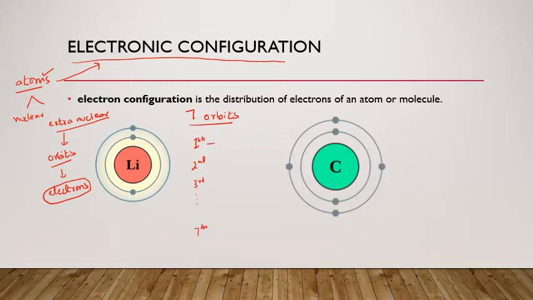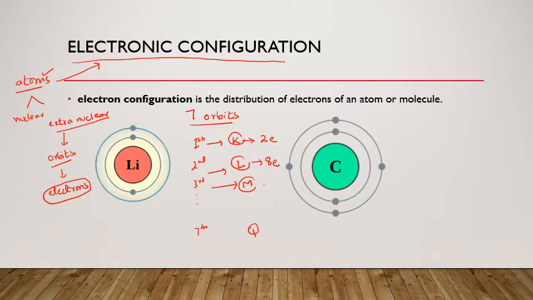The first orbit or first shell is known as the K shell, second is L, third is M, then N, O, P, and the last one is Q. Each of these orbits, whether K, L, M, has a different capacity for holding electrons. K would be able to hold 2 electrons, L would be able to hold 8 electrons, and so on till the Q shell.